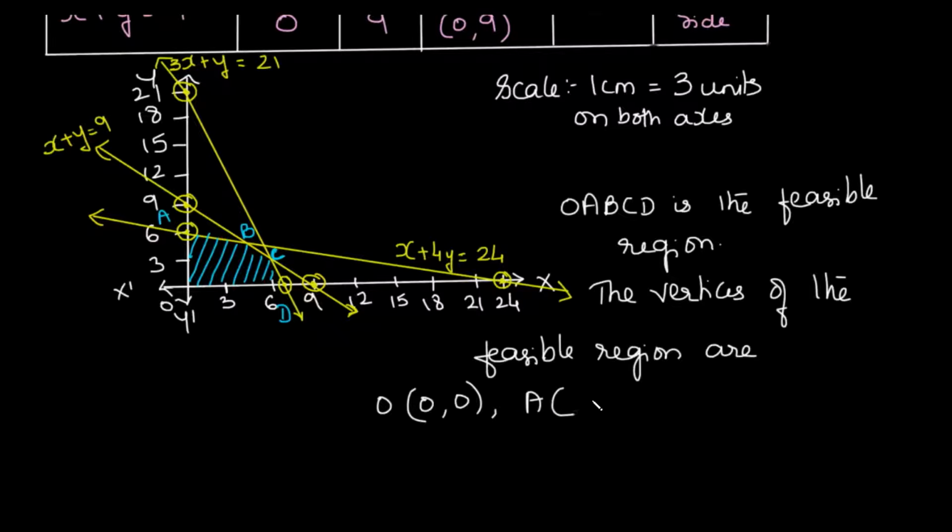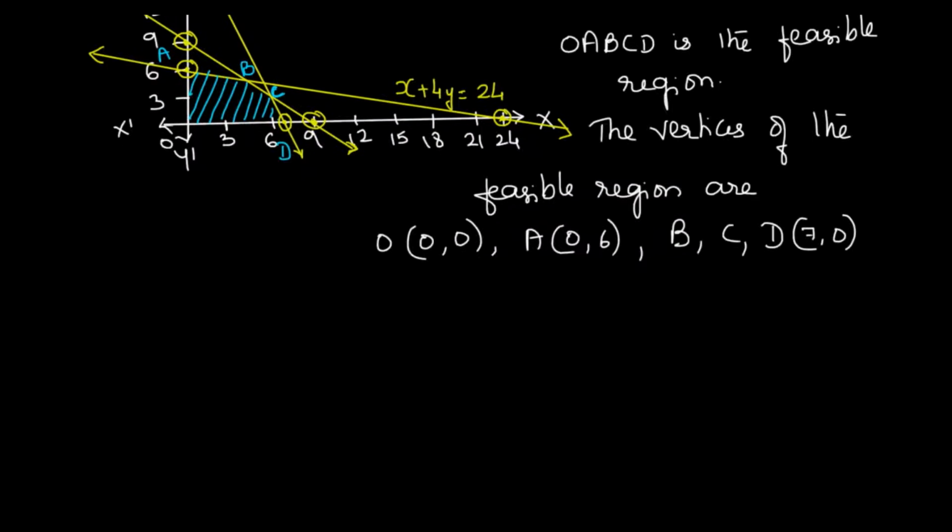Then A, as you can see, lies on the y-axis and has the coordinates 0, 6. B and C we are supposed to find out because we do not know their coordinates directly. But D lies on the x-axis and has the coordinates 7, 0. So now our next step is to find out the coordinates of B and C.